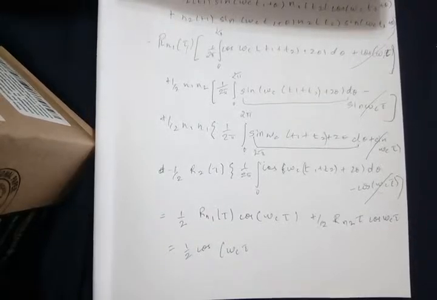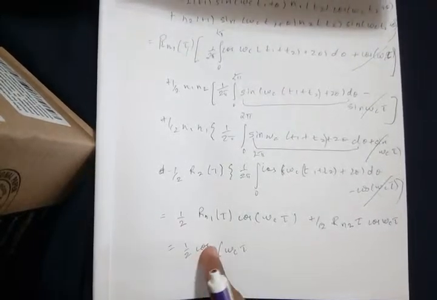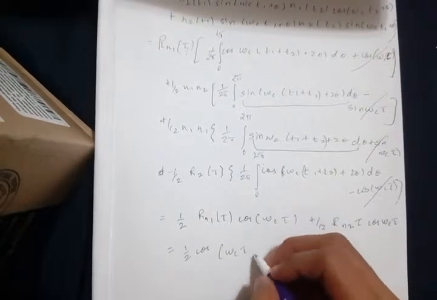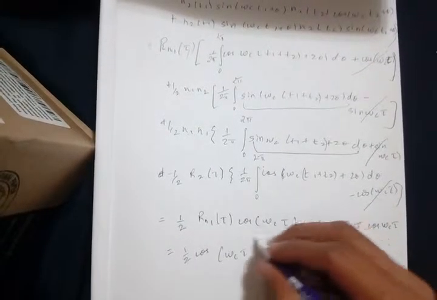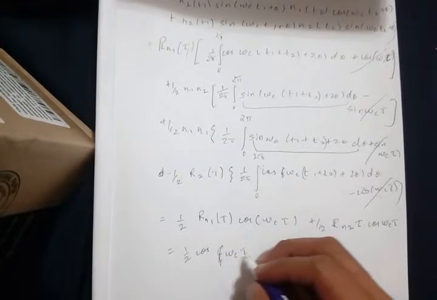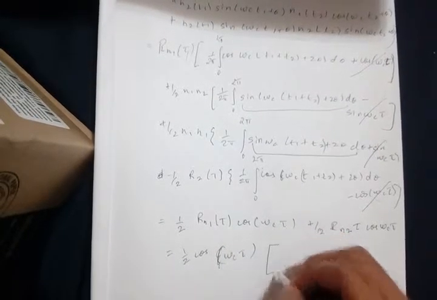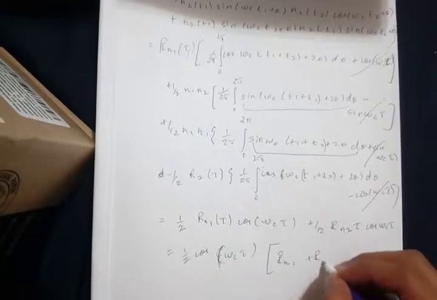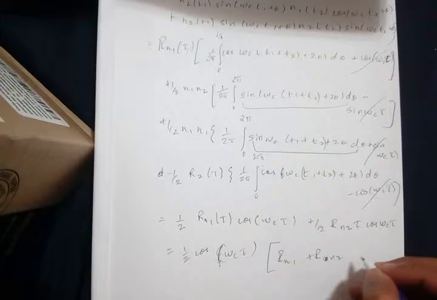So now we have something like this, and let's take cos omega c tau common from both, so it's nothing but r1 plus r2 of tau.